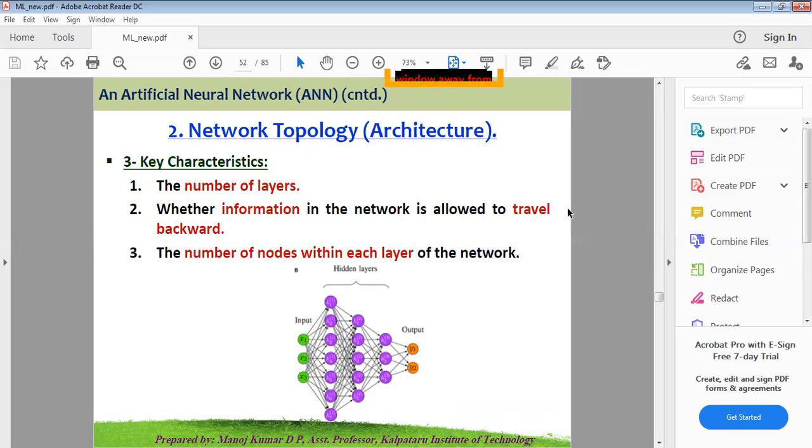When you travel backward, that is the main thing. Input layers will be there, and we go through various layers to generate one or two output layers. Depending on the input, you will have two outputs: one is the expected output and the other is the predicted output.